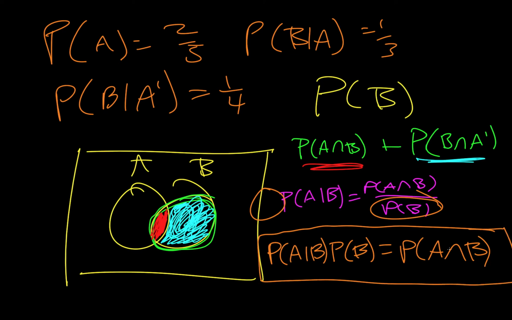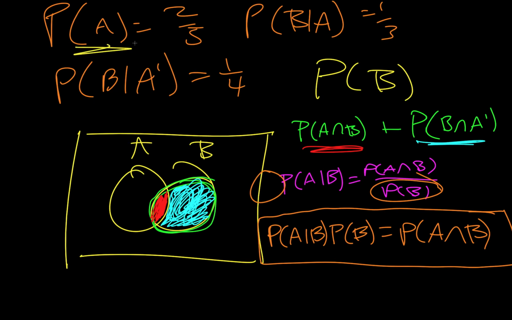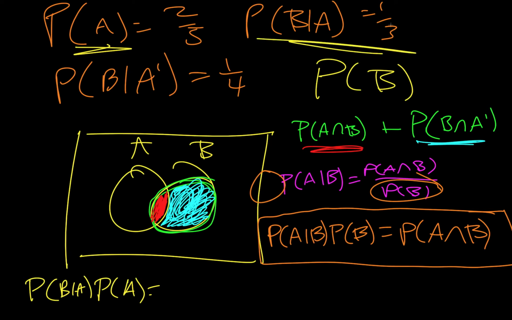Now, the first thing is we're given A, so we're actually going to swap all of these. So we're going to say P of B given A times P of A is equal to the red section. Okay, and so we're given this first thing, it's 1/3.